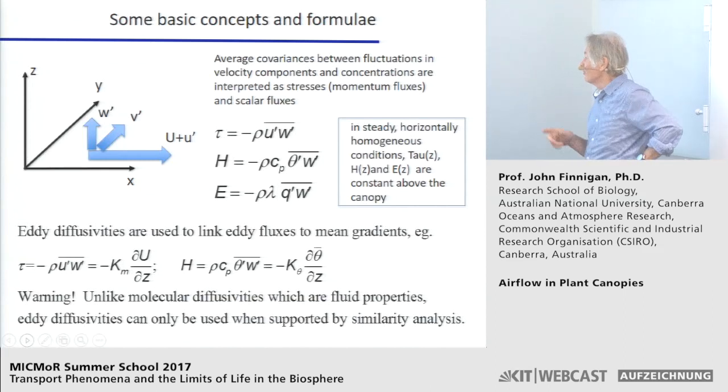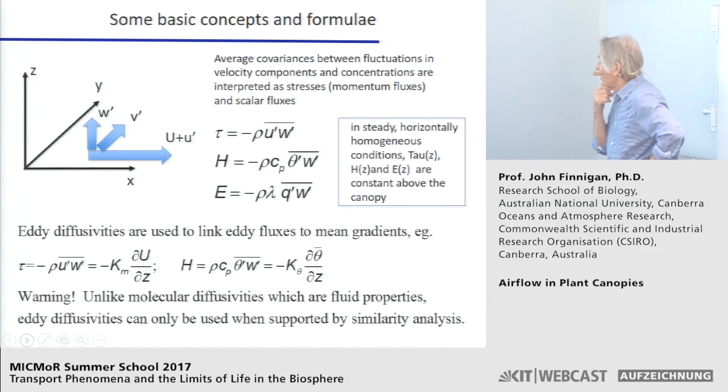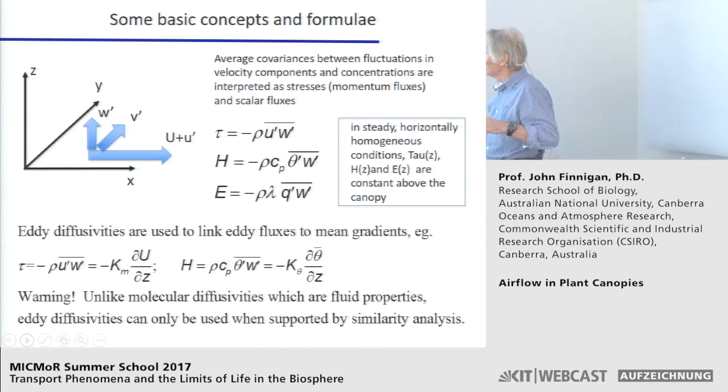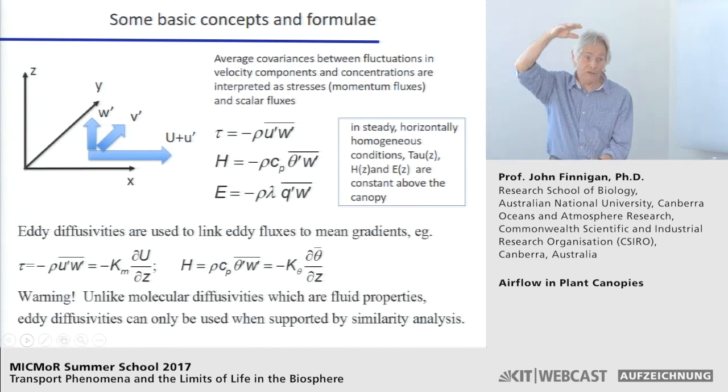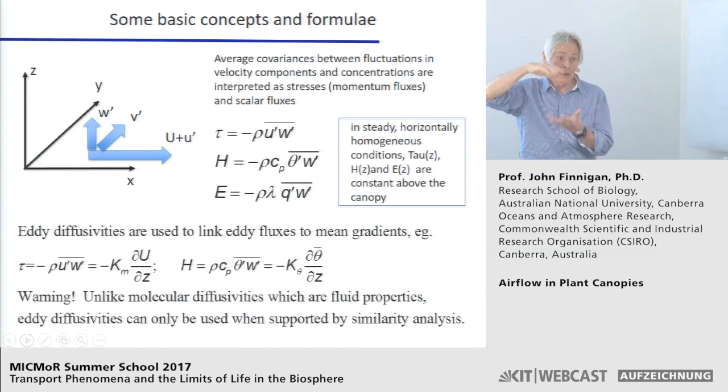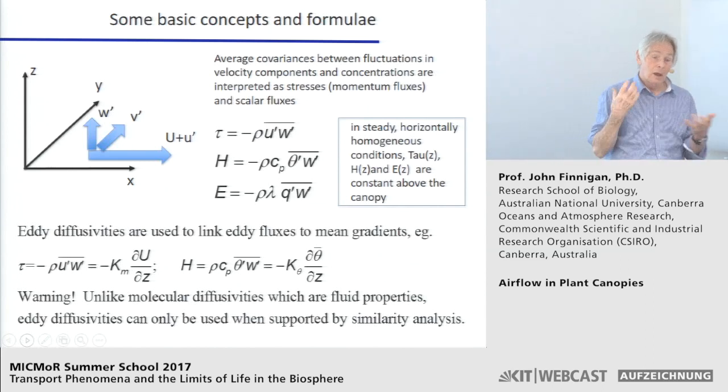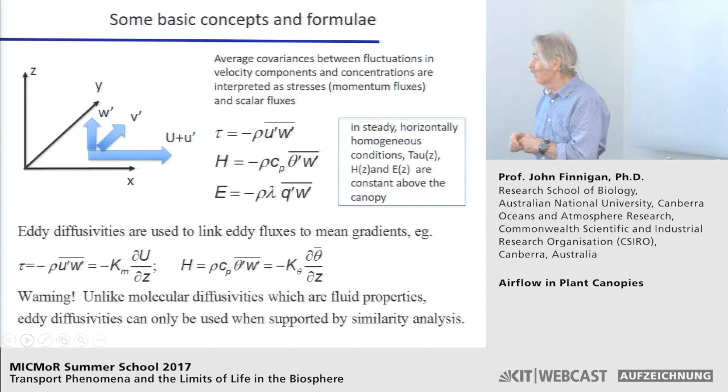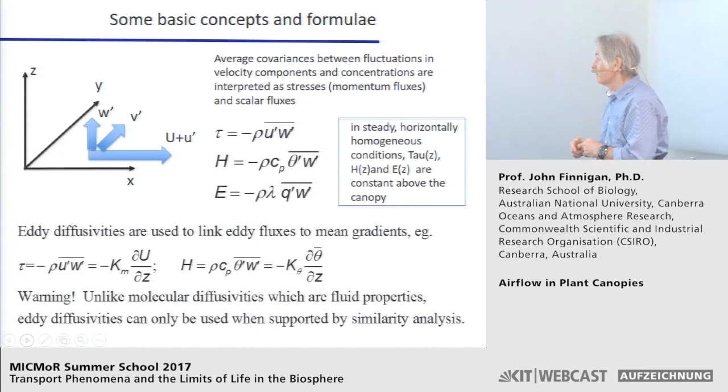We'll look at one of those soon. But in steady, horizontally homogeneous conditions, all of these things are pretty much constant with height in the lowest 100 meters of the atmosphere, and we rely on that in a lot of our analysis.